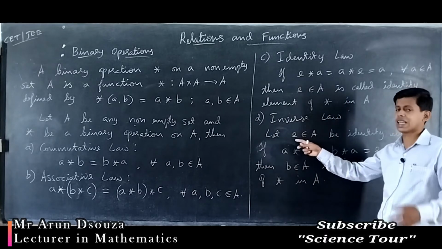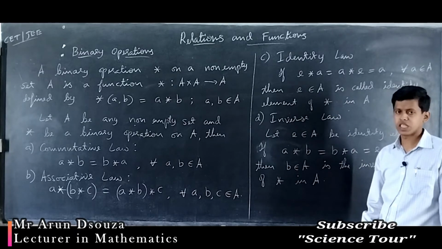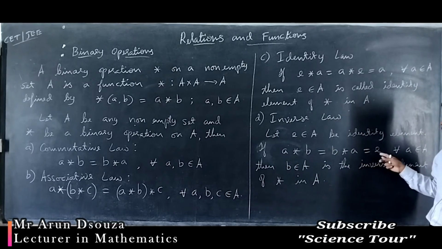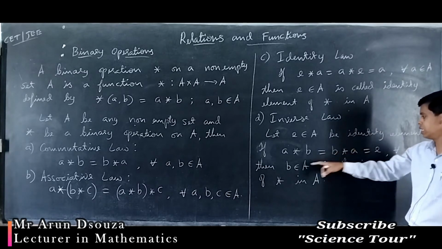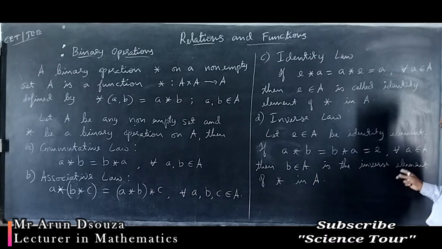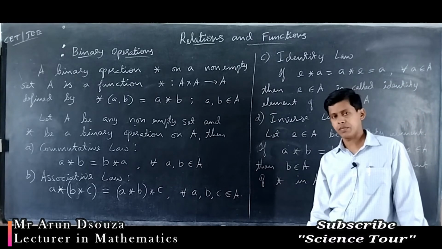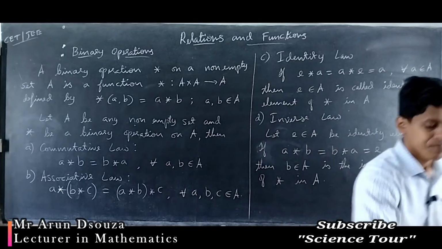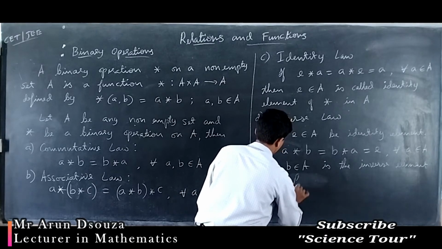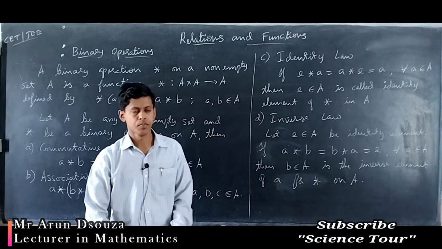Okay, so let us take an identity element e from the set A for the particular binary operation star, and if a star b is equal to b star a and that is equal to the identity element, then b, which also belongs to the same set, is the inverse of a for the binary operation star on A.